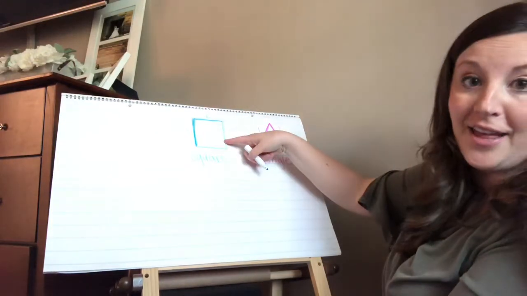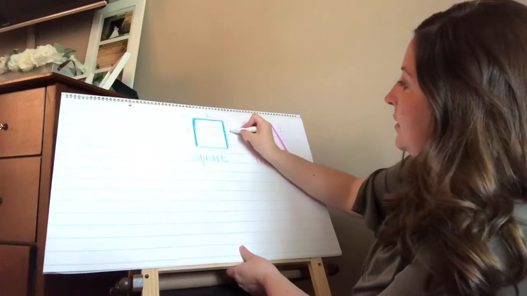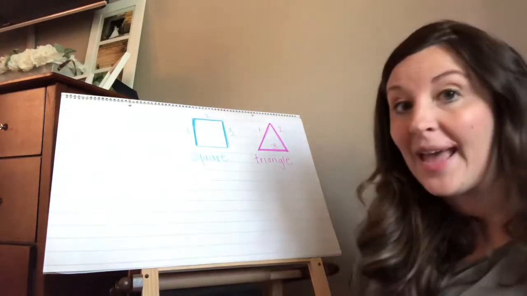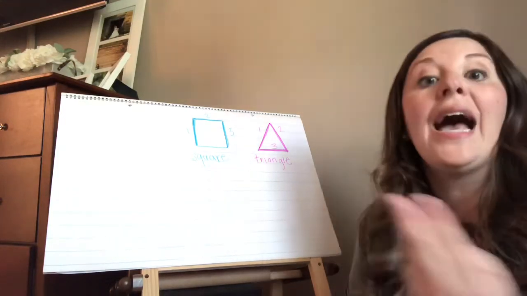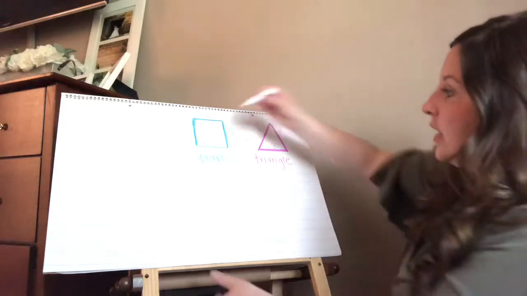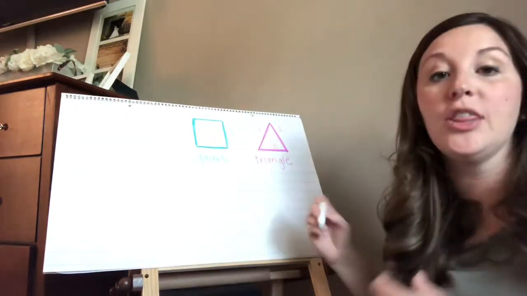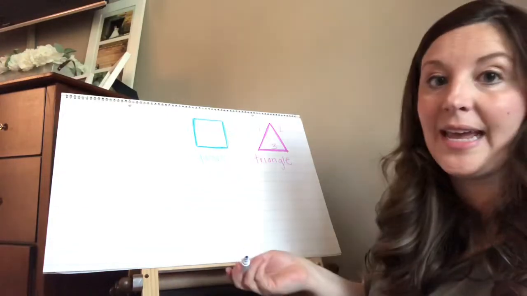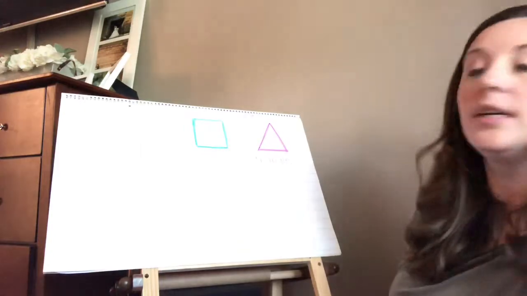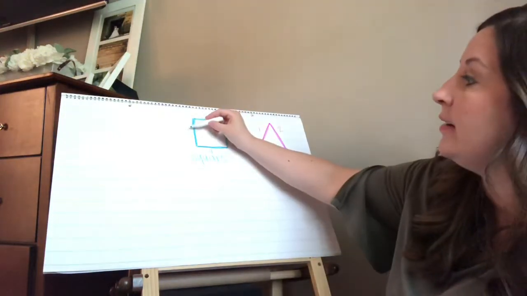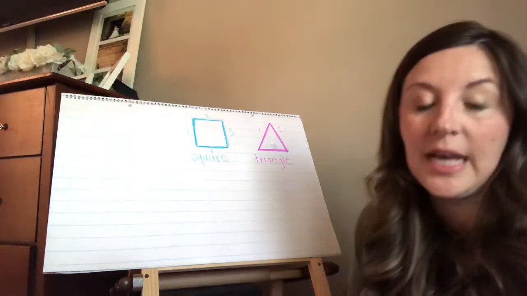Here's another one, so I'm gonna color that in so I know that's a line. That's 3, and do I have any more in the square? I do. I have one more line down here at the bottom, which means I have another side. Every line I have a side. So this is 4. That's right, 4. So let's count them. 1, 2, 3, 4. A square has 4 sides.